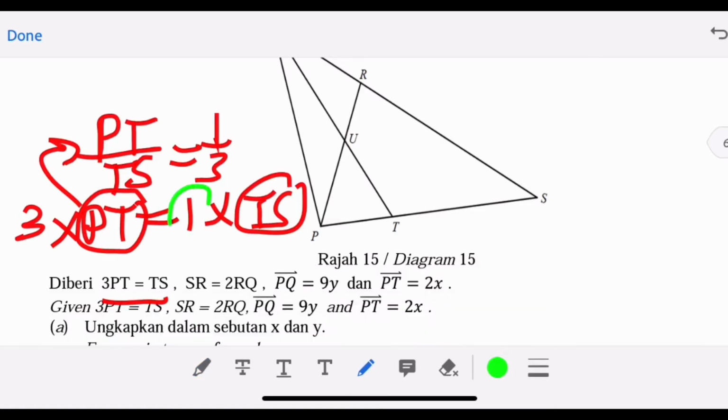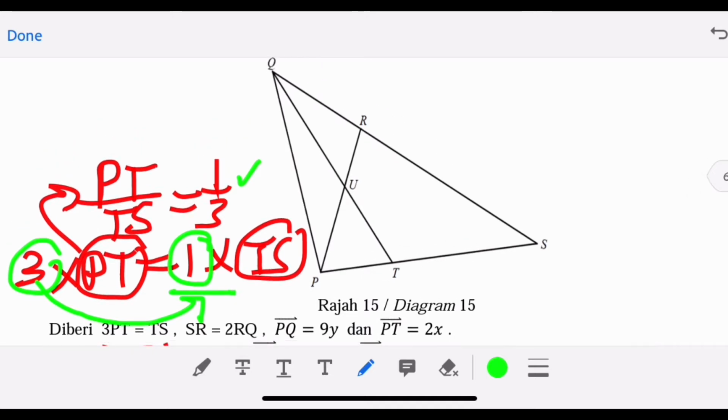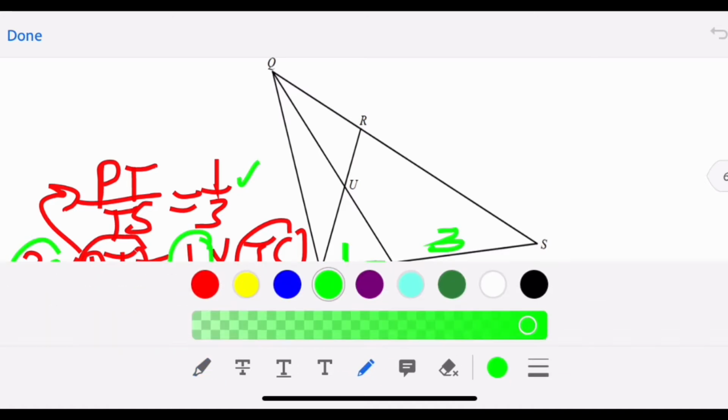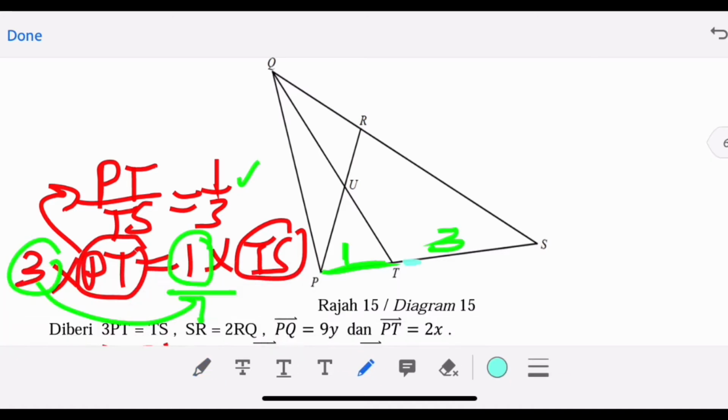You need to be very careful. This one you bring over to be divided. So it's 1/3. So ratio PT here is 1, and then TS here is 3. We need to make sure we are doing the right labeling for the ratio.